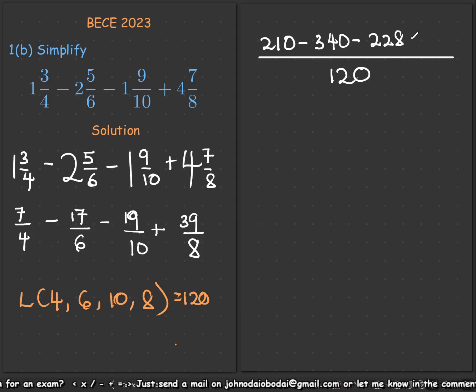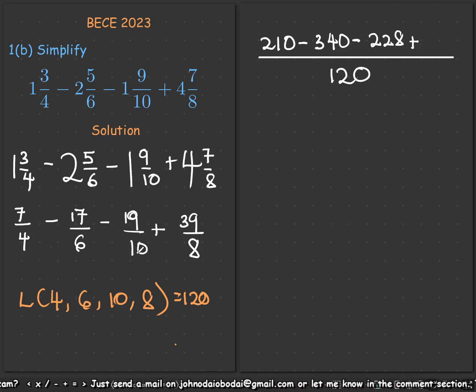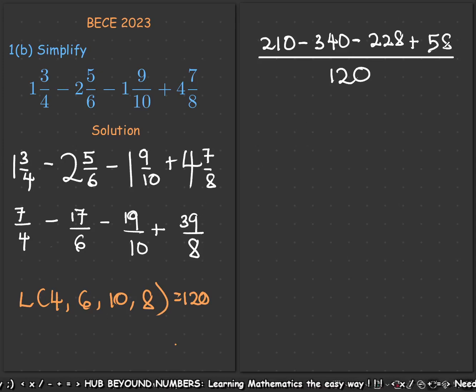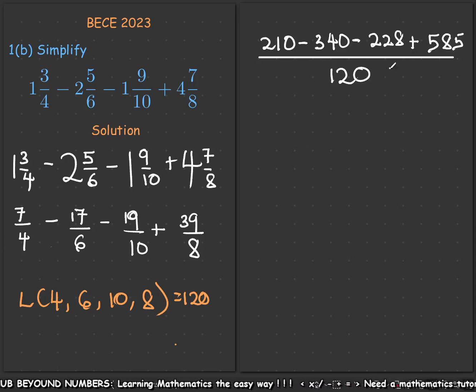Then our plus. So plus 120, that is 8 dividing 120. We are going to get 15. And then 15 times 39 now gives us 585. You see.